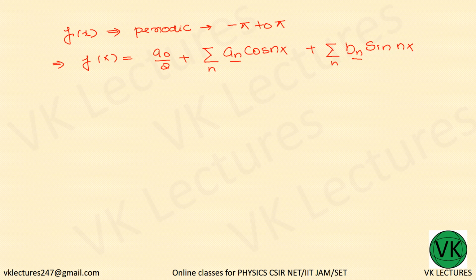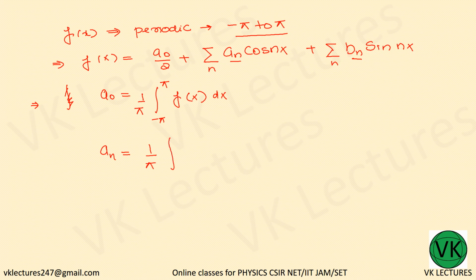Now if this is periodic in the range minus pi to pi, then a naught is equal to 1 by pi integral from minus pi to pi f of x dx, and similarly an is equal to 1 by pi integral from minus pi to pi f of x into cos nx dx.